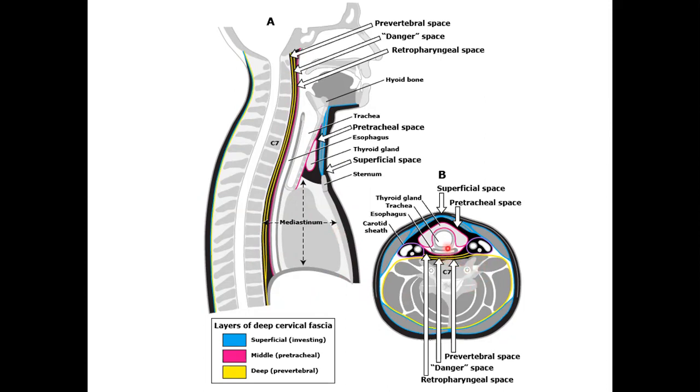So here is the thyroid gland, here's your trachea, your esophagus, and then again, this was your buccopharyngeal fascia, and then your alar, and then your pretracheal. And that danger space is in between, for that traveling of the infection down to get to your mediastinum.